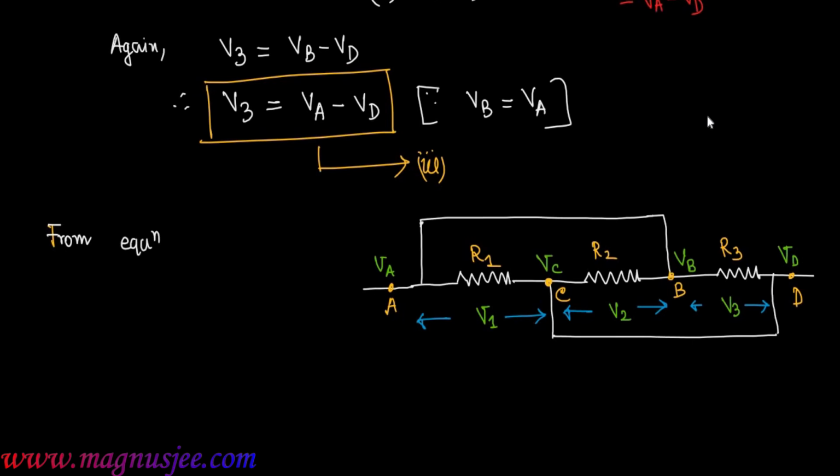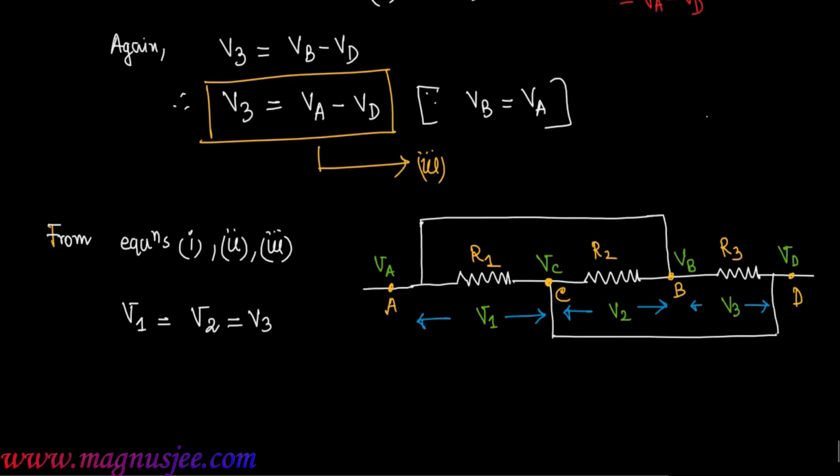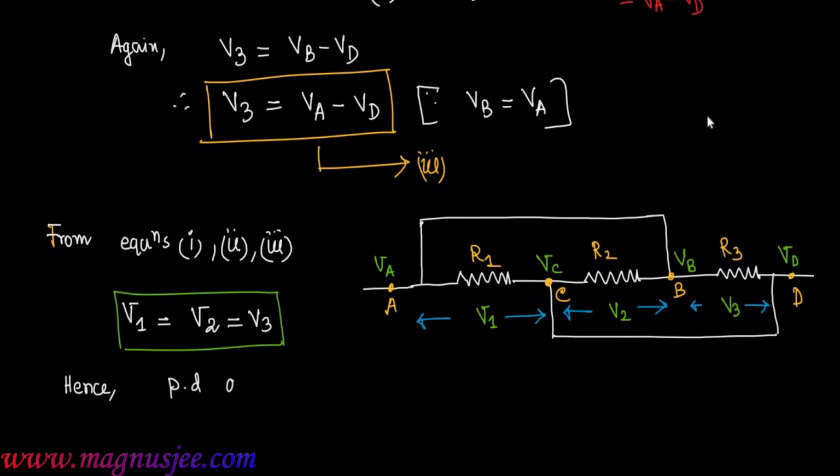From equations 1, 2 and 3, we get V1 is equal to V2 is equal to V3. That is, the potential differences across all the three resistors of resistances R1, R2, R3 are the same.